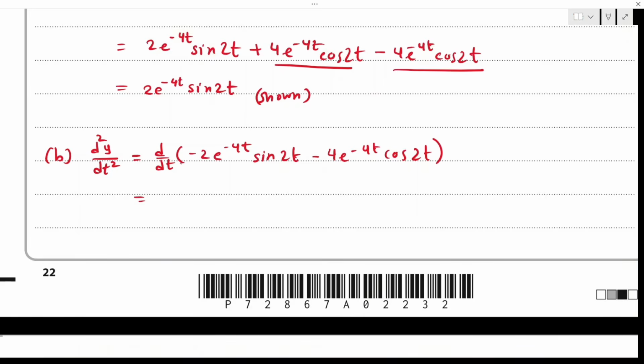Differentiating this means that we need to differentiate this term and this term separately. Doing that, we have to apply the product rule for both terms. So minus 2 e to the power of minus 4t sine 2t, minus d/dt of 4 e to the power of minus 4t cos 2t.